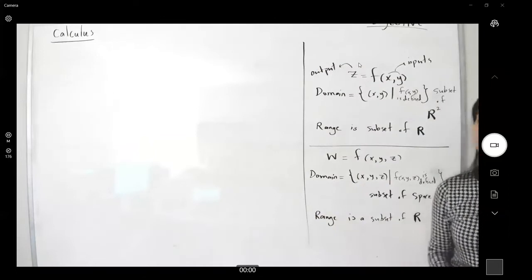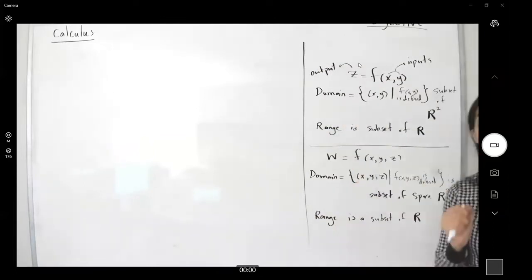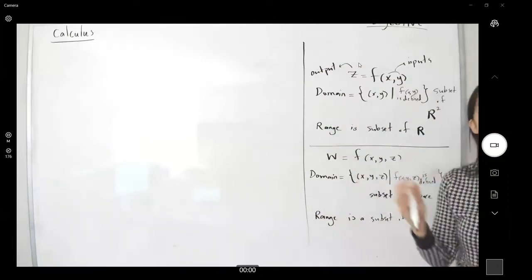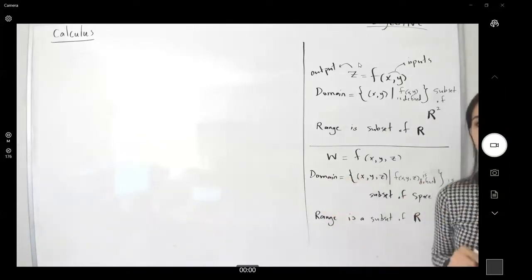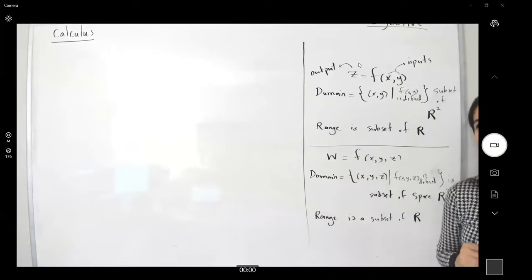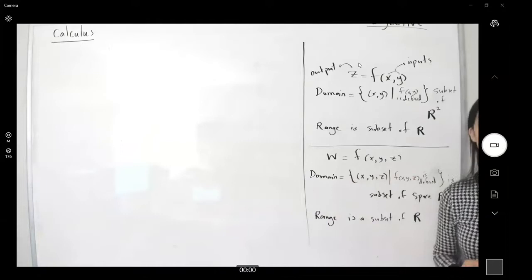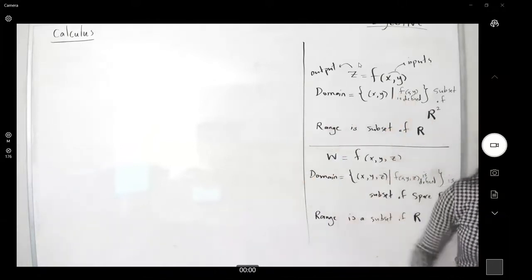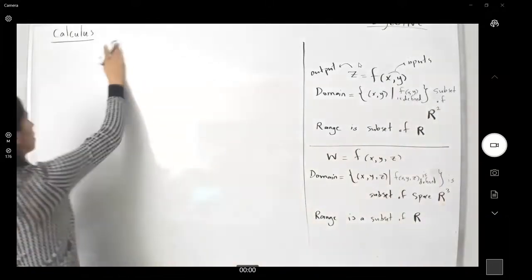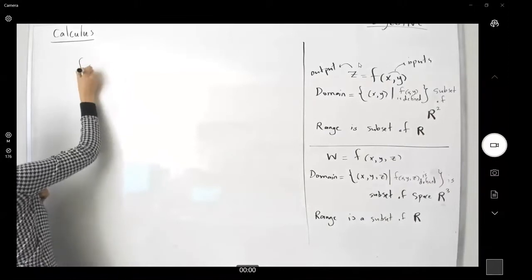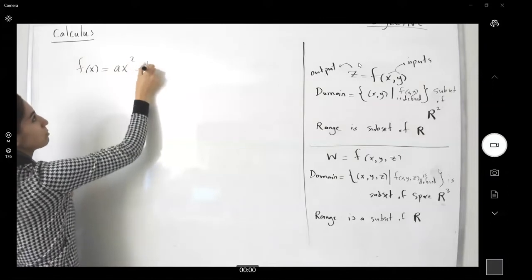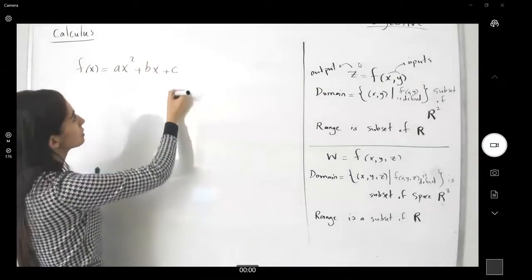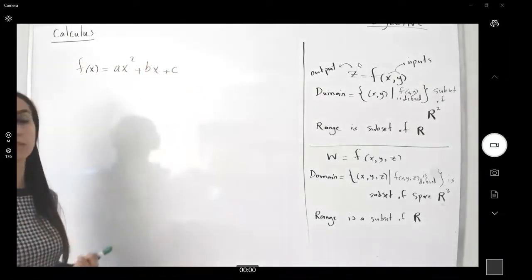Then we said that after finding the domain of the function, we're interested in analyzing the function near some points. We have some limits of functions in one variable in elementary calculus. We saw that if we have, for example, a function f of x equals a x squared plus b x plus c, or a function in polynomial format.